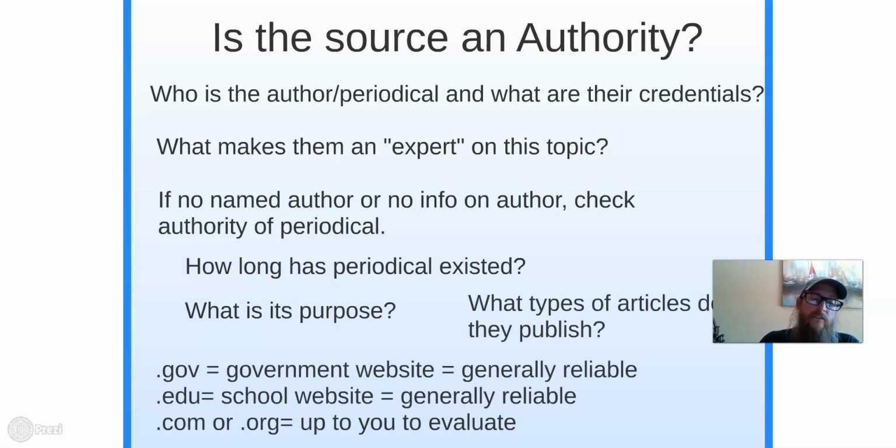Okay, as is noted at the bottom here, the URL, the web address, can give you some clues, right? .gov and .edu you can generally trust. If you find some information about the opioid crisis on the Johns Hopkins .edu webpage, I think you can trust that. That's one of the best medical schools in the country, right? .com and .org doesn't mean you can't use it, but it means it requires further evaluation.